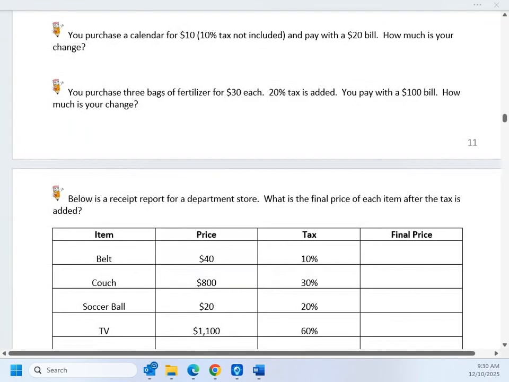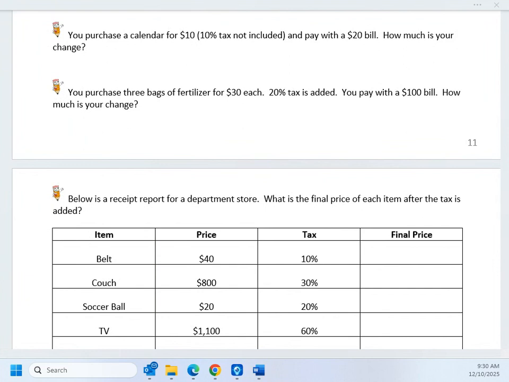So do the calendar for $10. There's a 10% tax not included. So you need to figure out how much that cashier is gonna tell you that you owe. If it's $10 with a 10% sales tax, figure that out. Then it says you pay with a $20 bill. How much is your change?